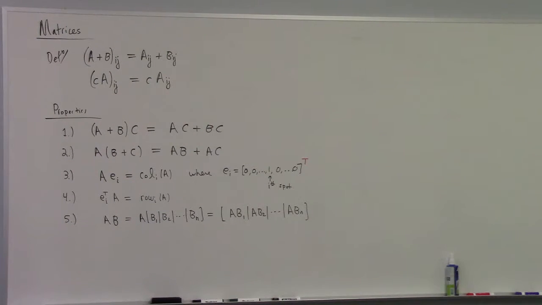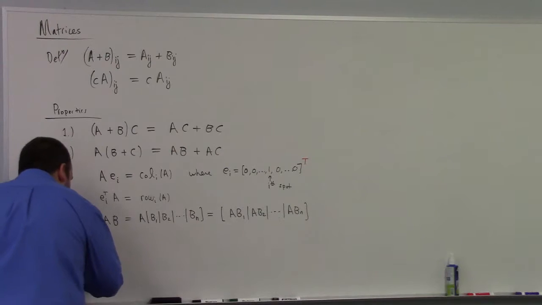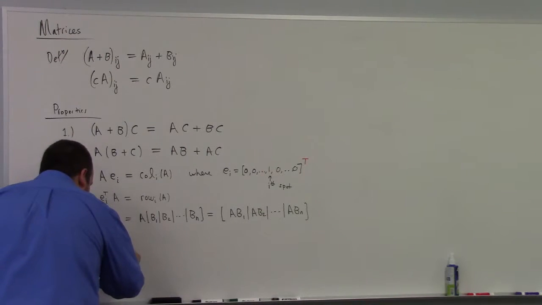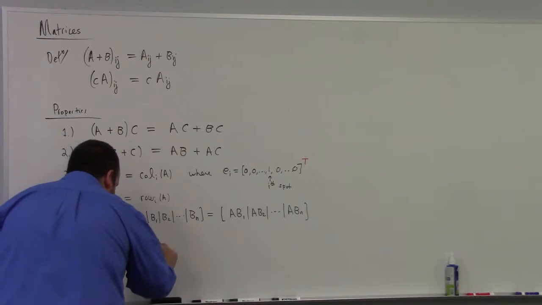So the product of two multipliable matrices can be rewritten as the product of the left matrix by each separate column of the right matrix, glued together in this way. It's really quite wonderful. So six, I would just point out, if we look at A times [E_1, E_2, ..., E_n], how does that work?